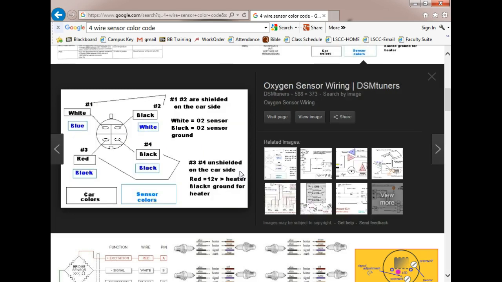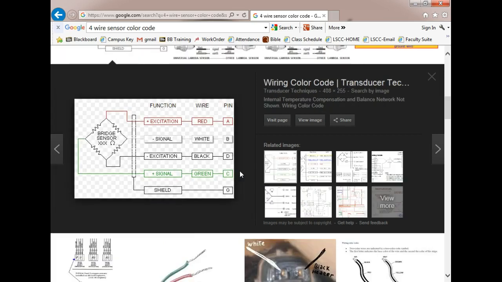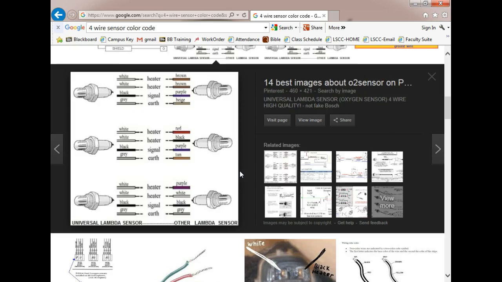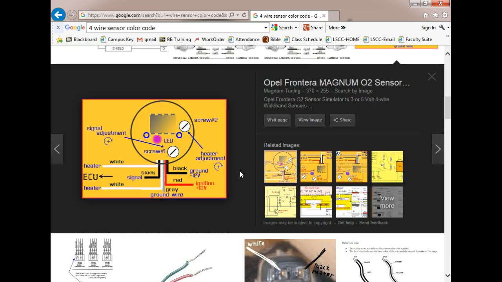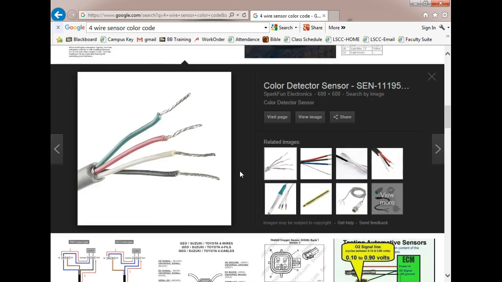It's hard to see, right? It's hard to see too. These are not really sensors, those are heaters. That's a heater too. That just gives us the colors. So these are the colors we're dealing with here, right? Can y'all see them?